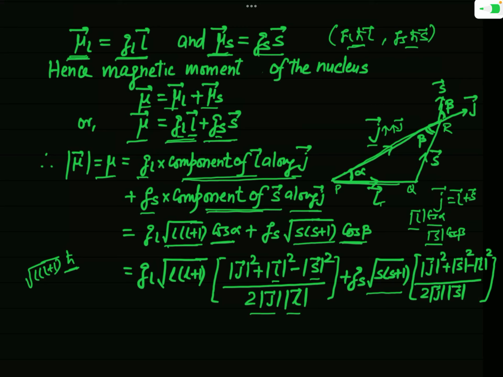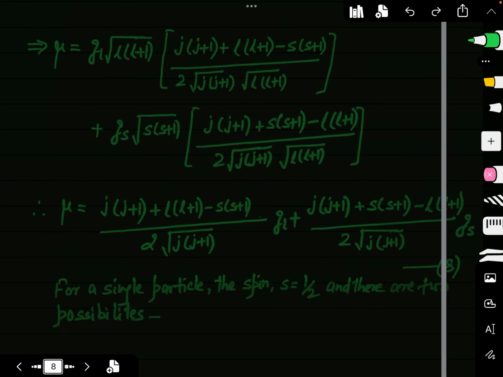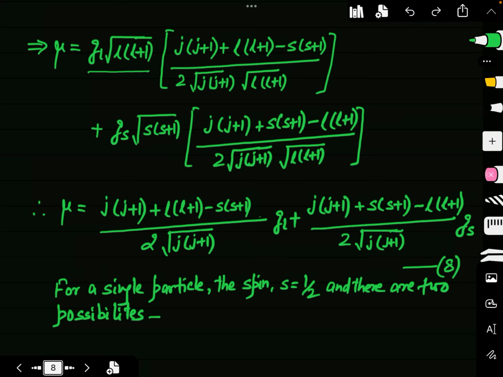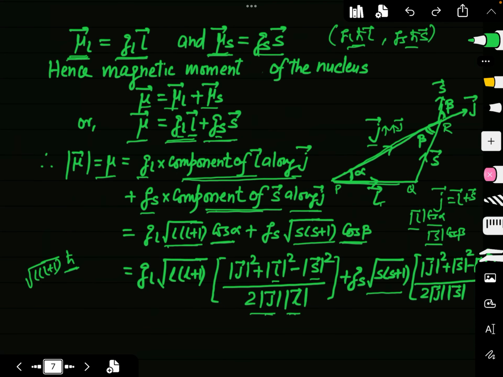Okay. Now see, the modulus of J and modulus of L, we will write the expression for this. So the expression will be what? Mu equal to GL into root over L into L plus 1, and you can see there is mod of J square.